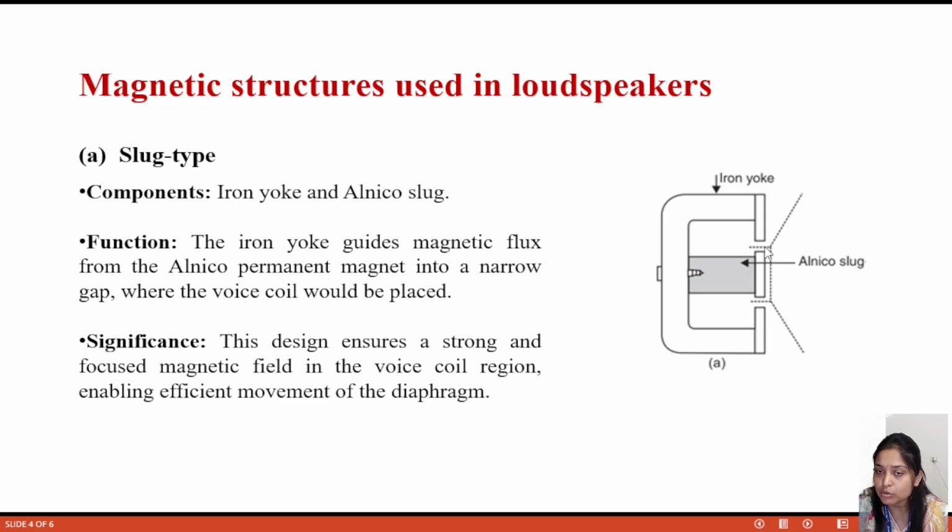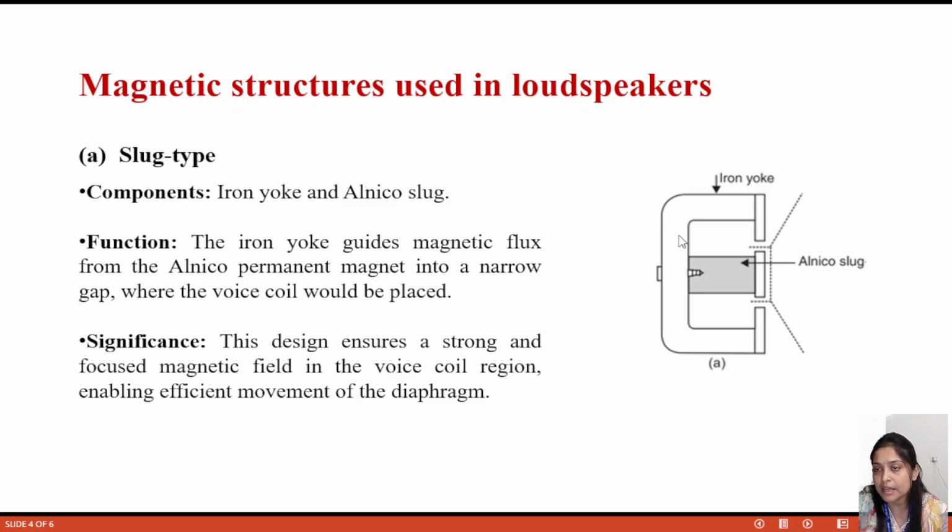Basically this yoke guides the magnetic flux generated by the permanent magnet into the narrow gap where the voice coil is placed. This design ensures a strong and focused magnetic field in the voice coil region, enabling efficient movement of the diaphragm.